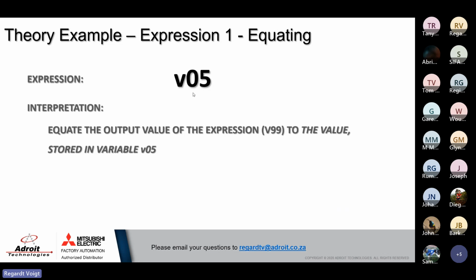So if you have a tank level in V05, then your output of your expression will show the same tank level. Okay. So application usage for such type of equation would be to replicate values. Okay, so it might sound impractical, but yes, there are applications where replication is needed. We've seen a couple of those.